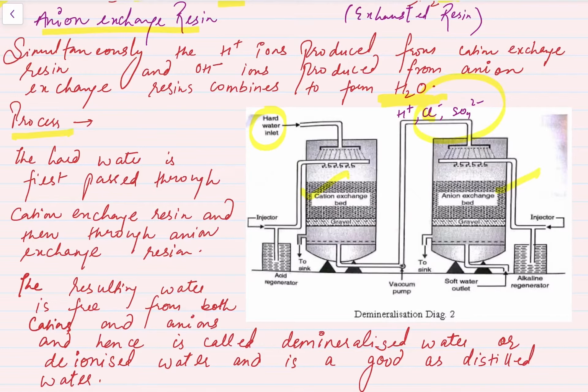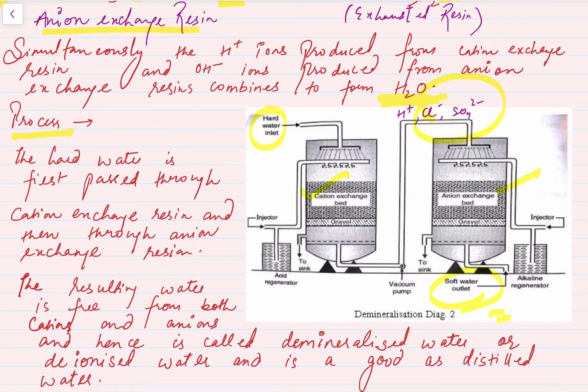Then we will get the water. This is the outlet of the soft water. Now this water is free from sulfate ions, chloride ions, calcium ions and magnesium ions, all of which are responsible for the hardness of water.